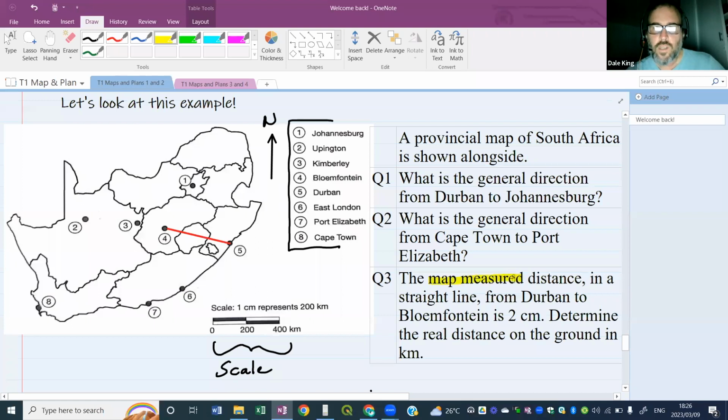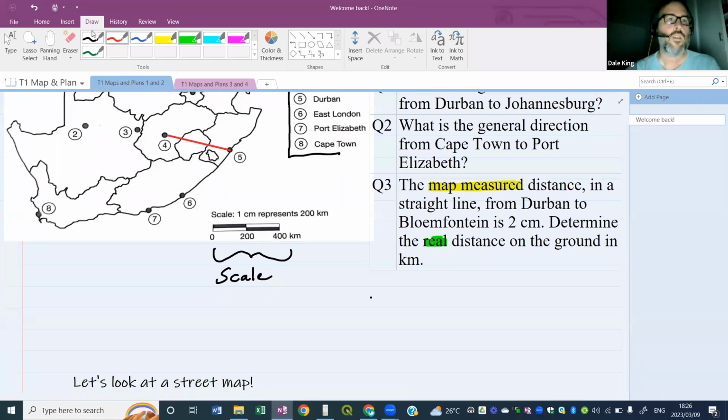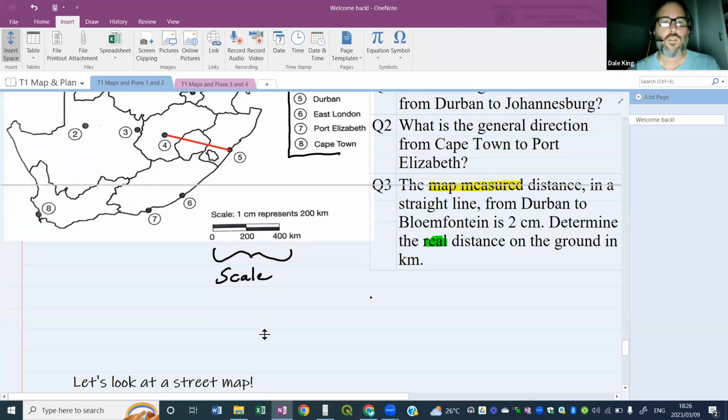What that means is you've measured it on the map with a ruler. So the ruler distance in a straight line from Durban to Bloemfontein is 2 centimeters. Determine the real distance in kilometers. We learned about that on Tuesday. Now we need a scale for this. I'm going to move down a little bit and give myself some space.